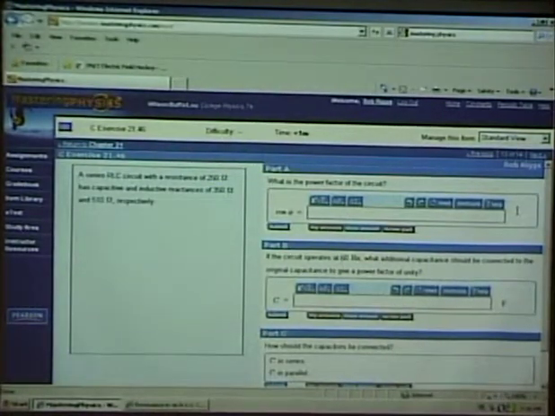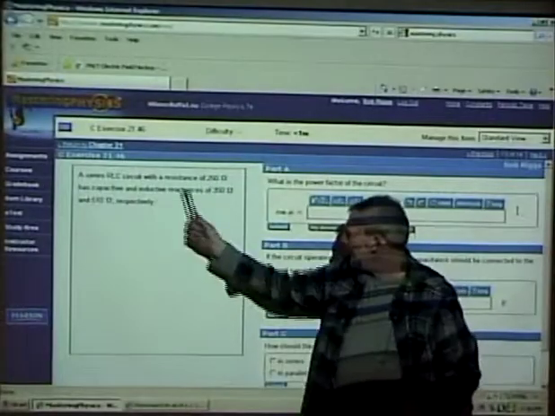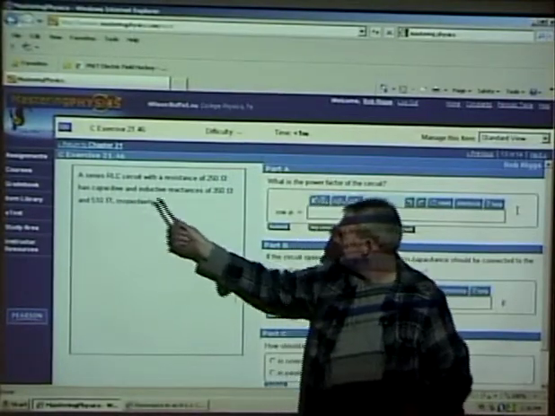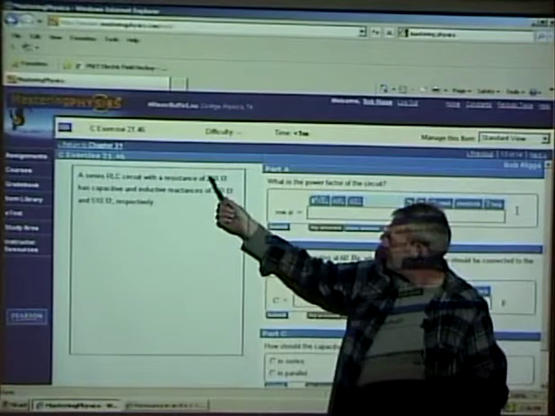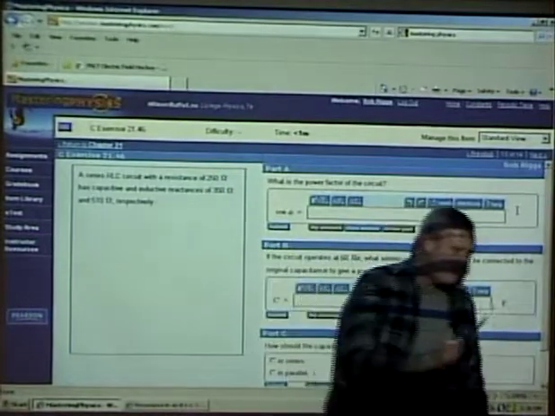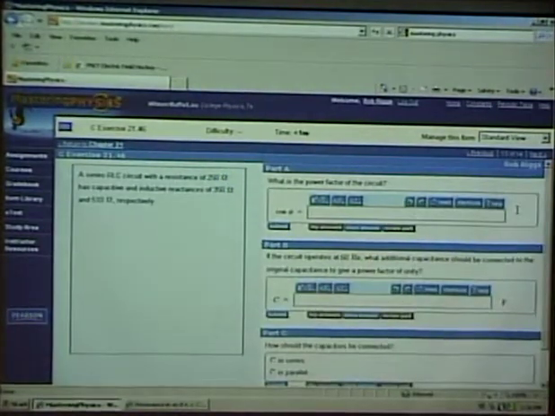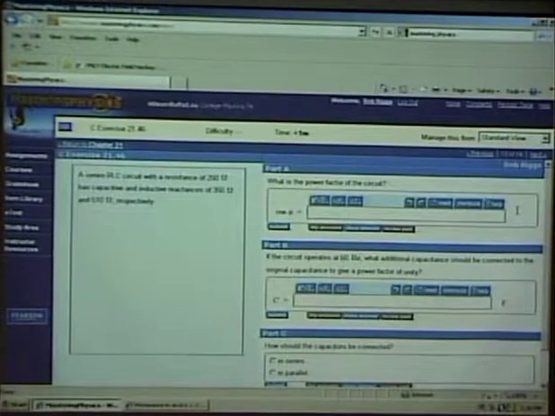Remember what the phase angle formula was? XL minus XC divided by R. Looks like they gave us the capacitance. Here's XL, here's XC, divided by R. You find that, take the inverse tangent of that to find the angle, and then take the cosine of that angle. And that should work. Okay?